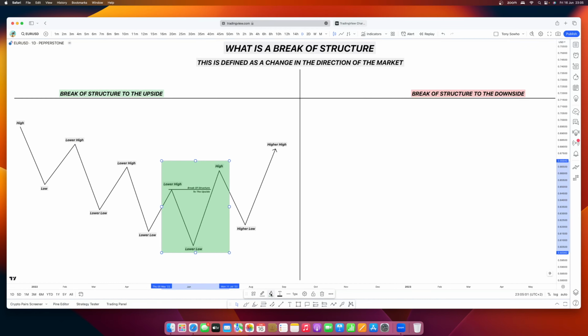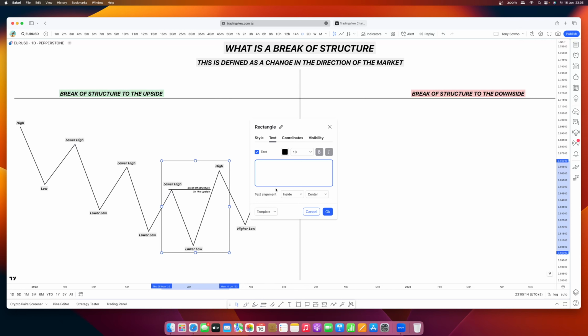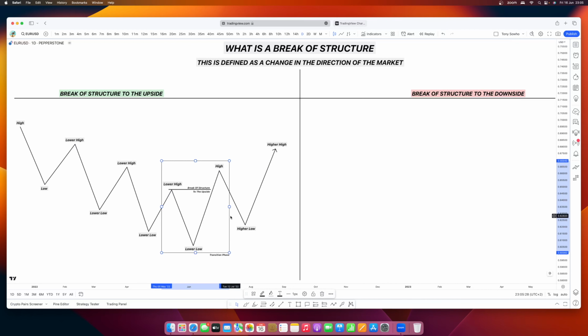So we can just remove the line, make it black, and I can call this transition phase in the market. Transition phase. And we can bring that to the bottom and to the right. So this is a transition phase in the market, signifying that price has changed direction to the upside.